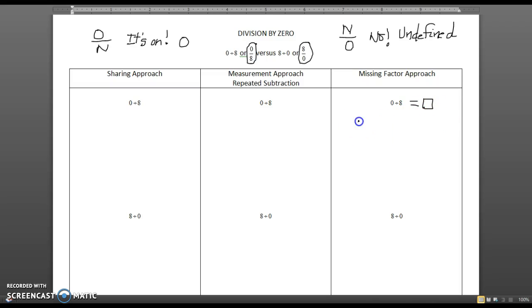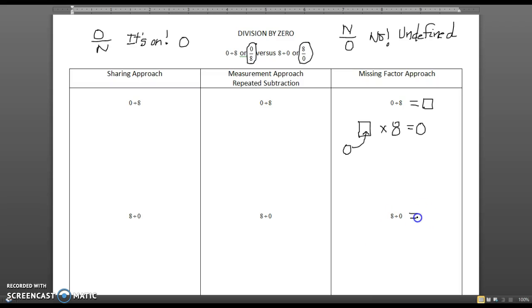So I'm going to say, what number times 8 is equal to 0? And the answer to that, of course, is 0. So using the missing factor approach, it makes perfect sense why 0 divided by 8 is 0.